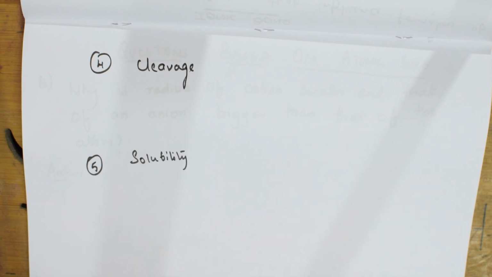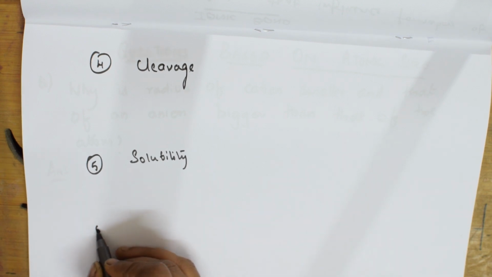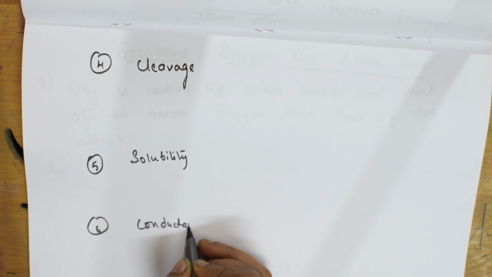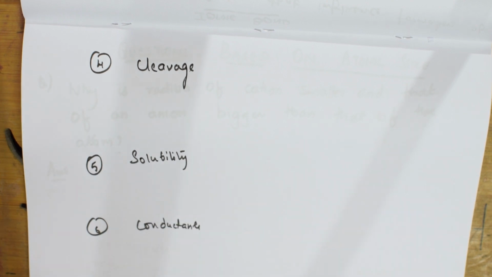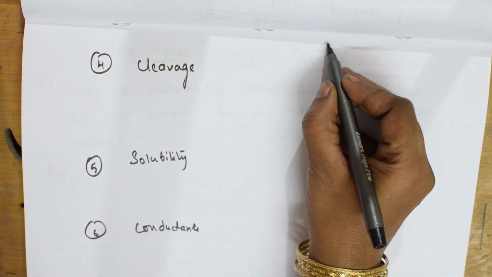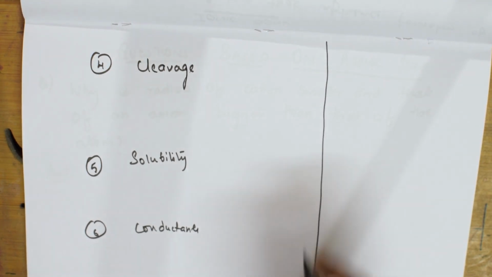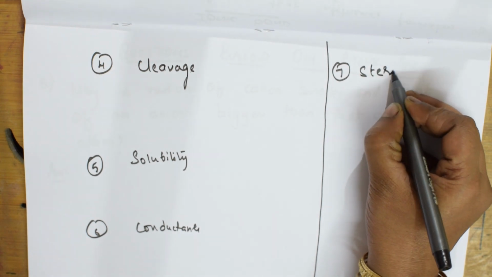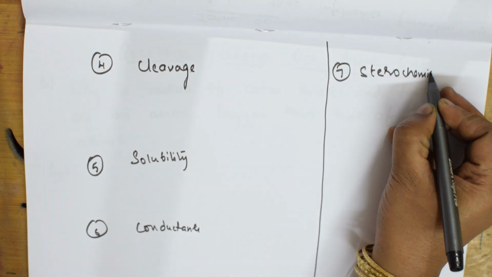After solubility, one more factor is conductance. And one more very important factor is stereochemistry. Let me write that here. I'm dividing the page and making the seventh factor stereochemistry, right? So let us discuss one after the other clearly.